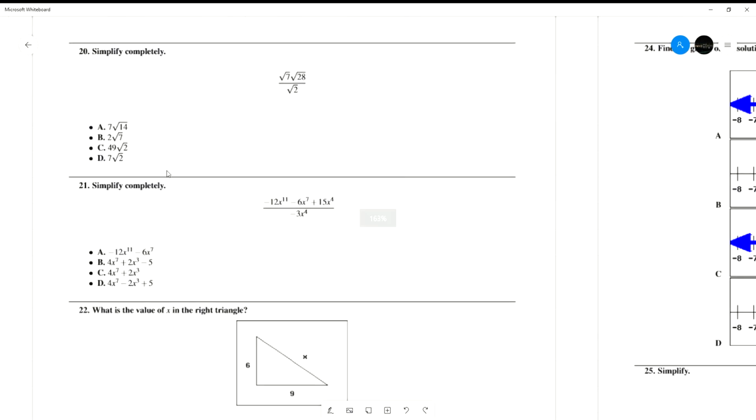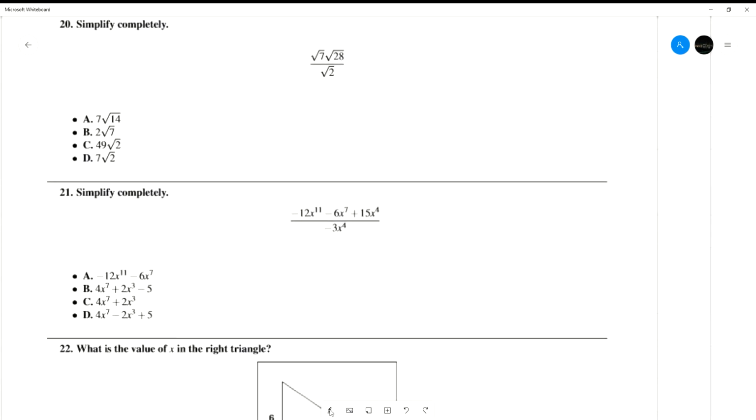Another very common question here with the radicals. You can do this either by hand or on the calculator, that's up to you. But if you did it by hand, you should know this is using our rules for radicals. It can be written as one radical, right? 7 times 28 over 2. And as a fraction, you could cancel out the 2 into the 28 and you get 14, right?